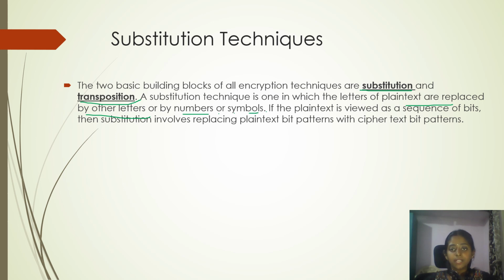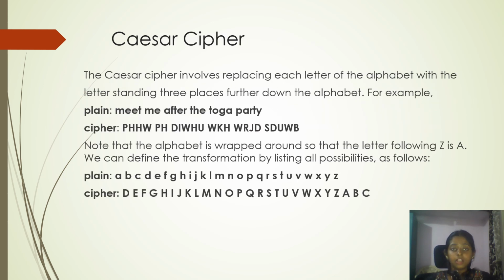If the plain text is viewed as a sequence of bits, then substitution involves replacing plain text bit patterns with ciphertext bit patterns. Now we will be looking into Caesar cipher.